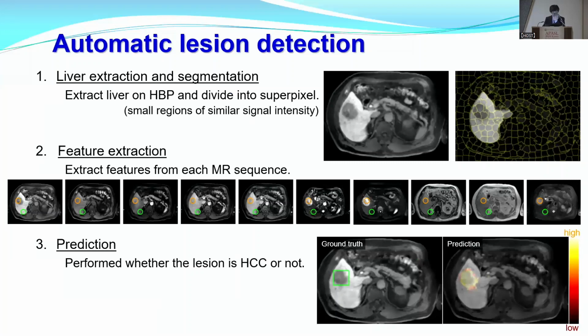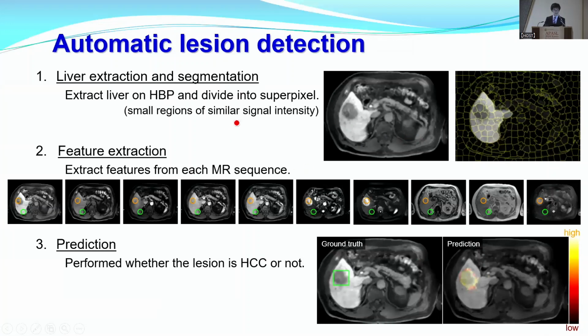So this AI model is constructed by 3 steps. So firstly, liver contour is extracted based on the hepatobiliary phase images, and the segmentation is performed to divide into small regions of similar signal intensity, so-called superpixel.